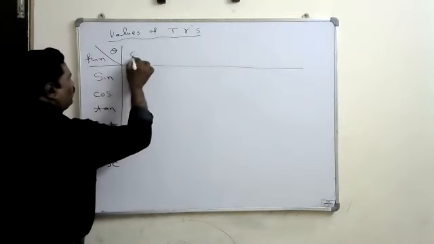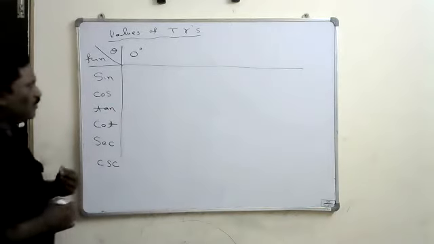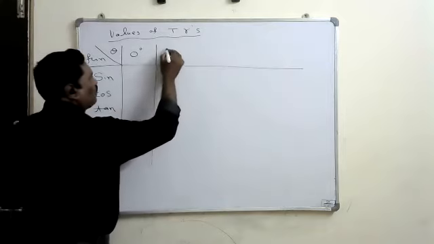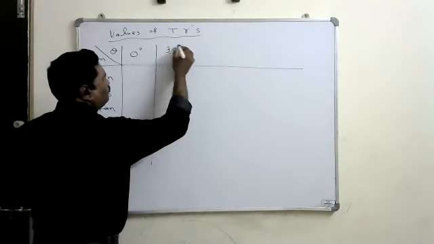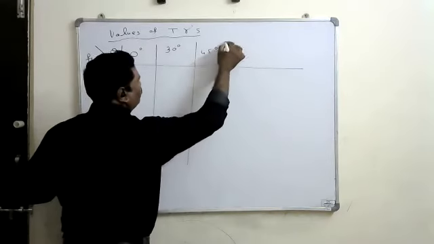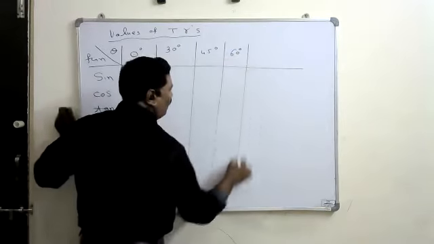Now, basically, you should remember the values for the first topic: 0 degree, 30 degree, 45 degree, 60 degree, and 90 degree.